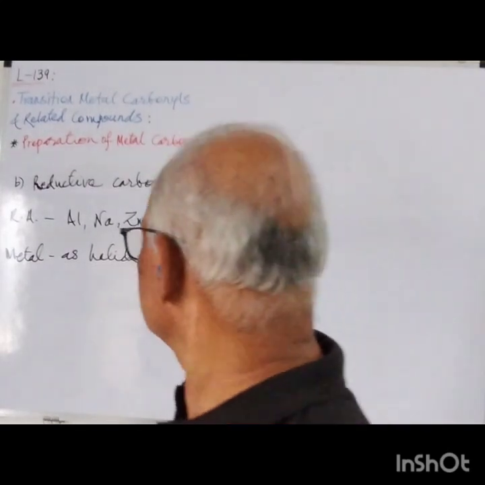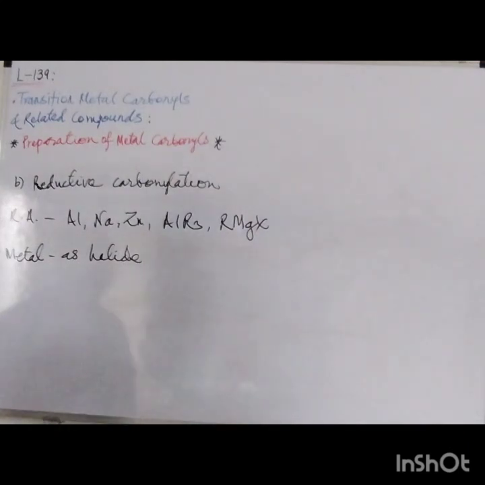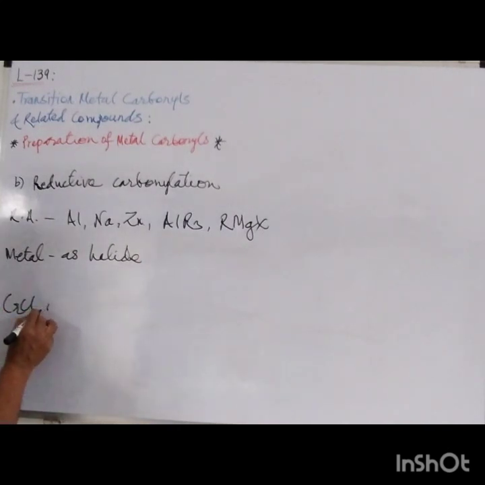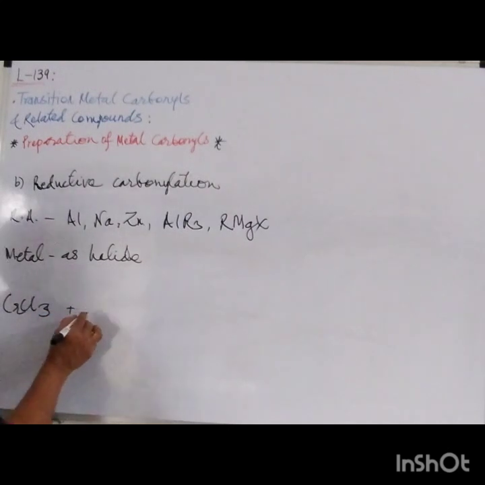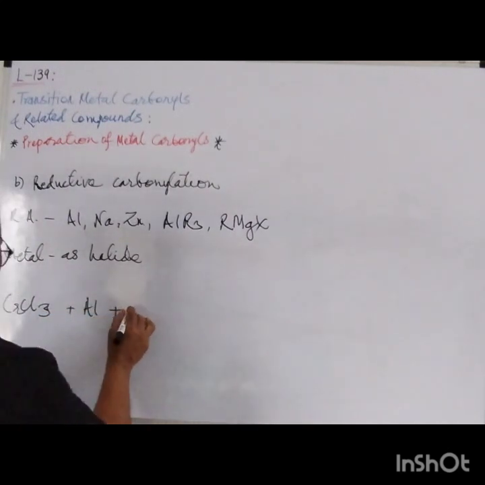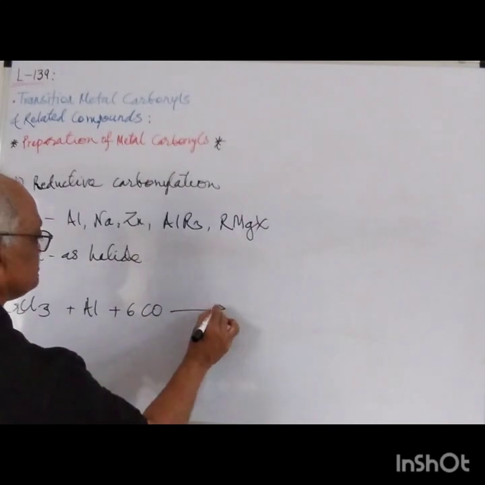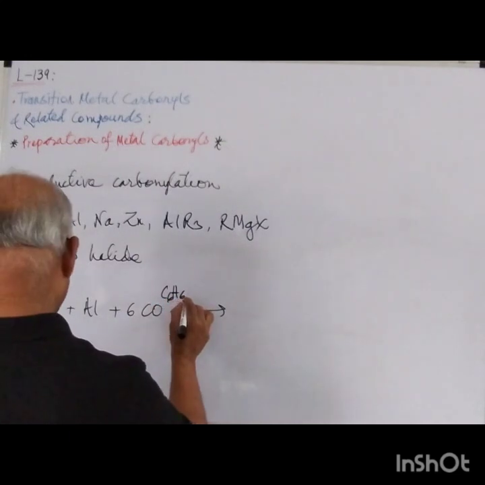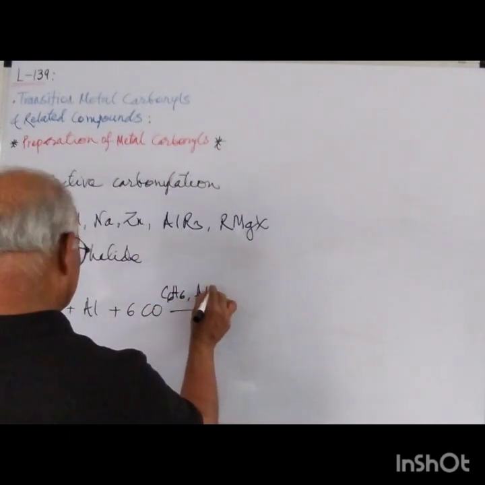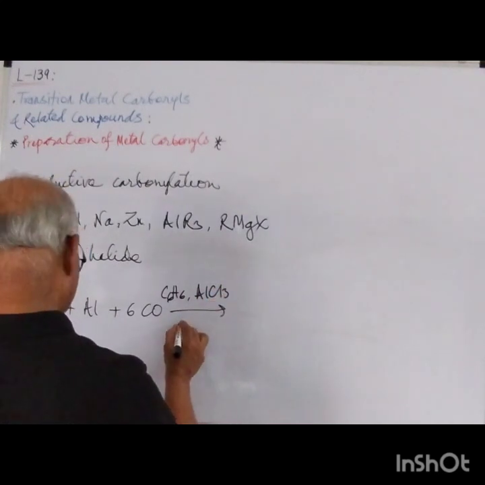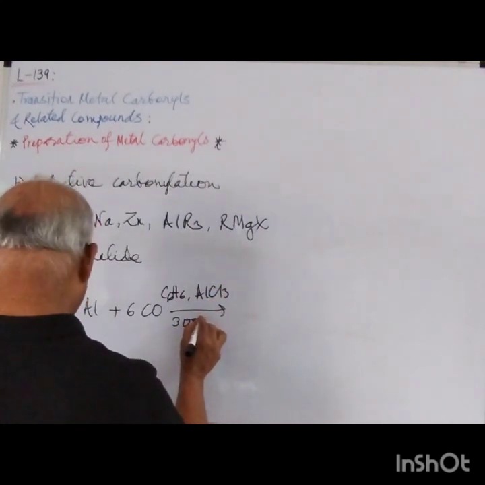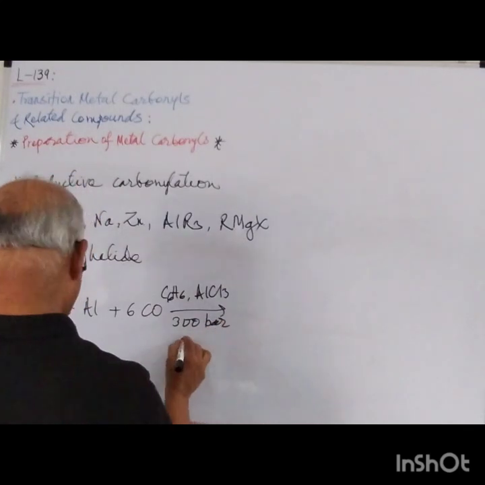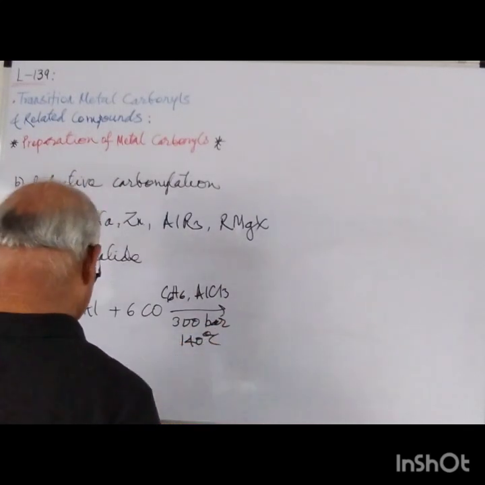So we will see some examples of this. First of all, CrCl3 plus Al plus 6 CO. It requires C6H6 as the solvent, AlCl3 as catalyst, and the conditions 300 bar pressure and 140 degrees centigrade temperature.